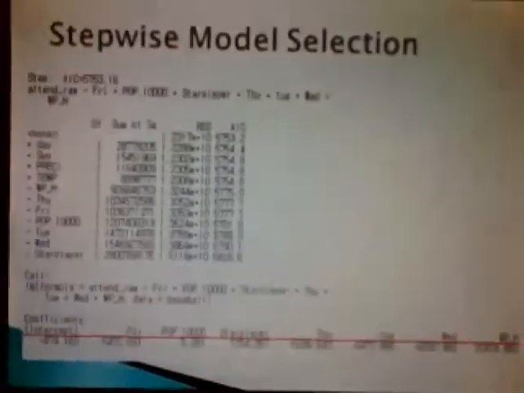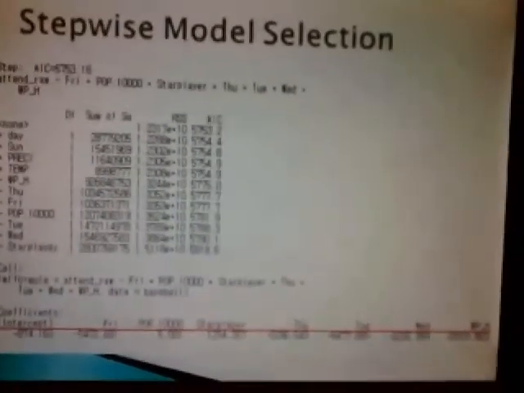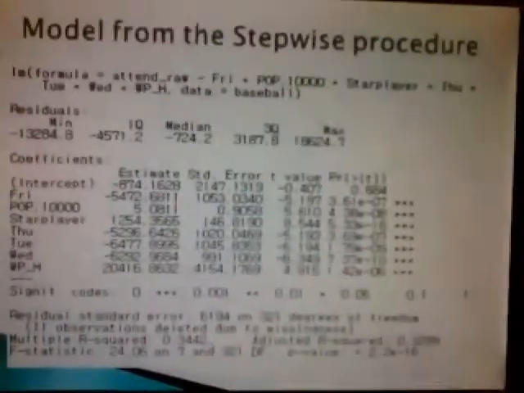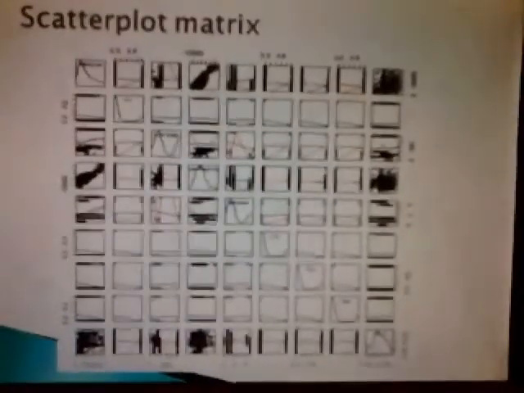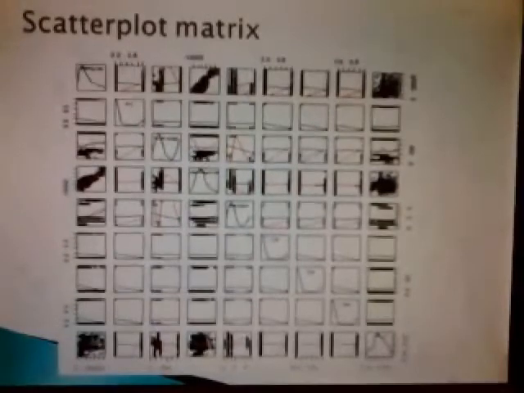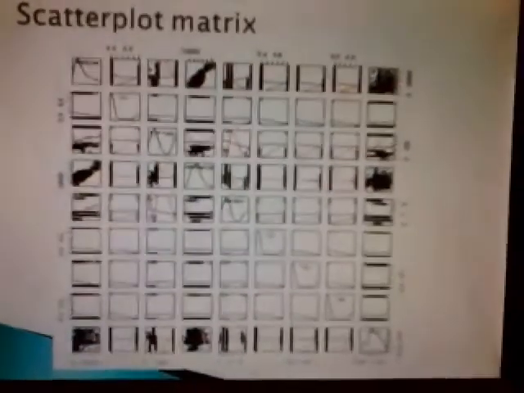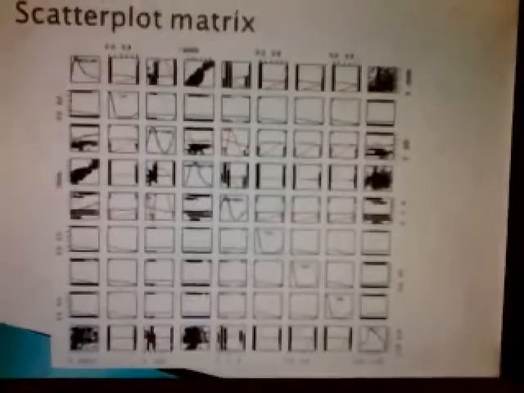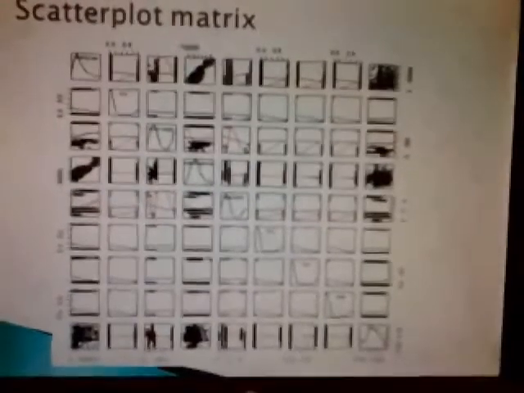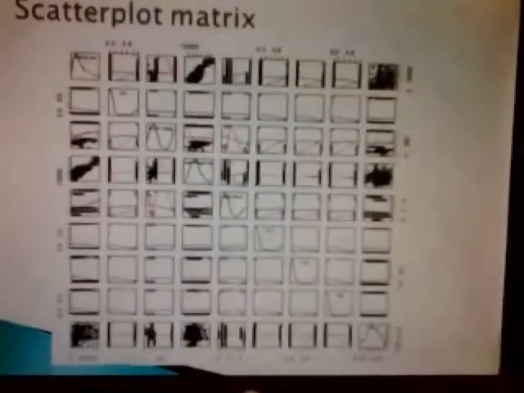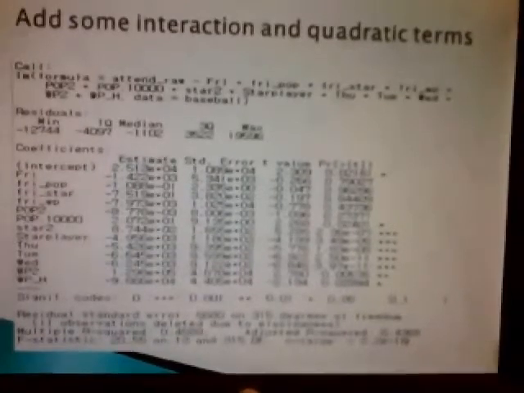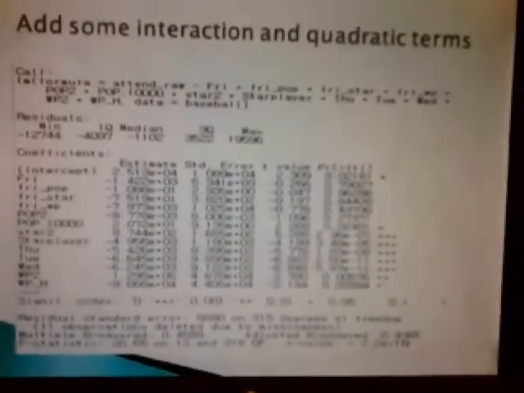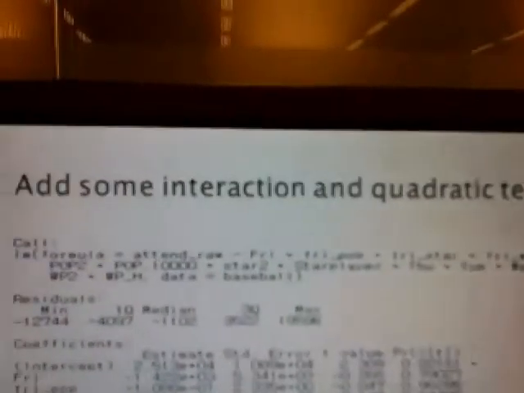And then we did the stepwise procedure, and then we checked the scatter plot matrix to see whether we need to add some quadratic or interaction terms. Because we found some patterns from this scatter plot, we added some more complex terms, and then we found that the adjusted R-square increased a lot.